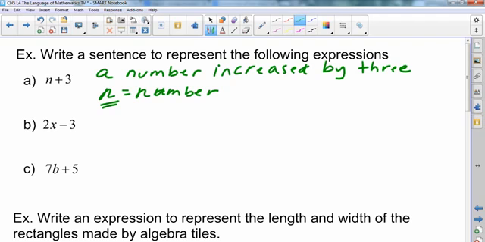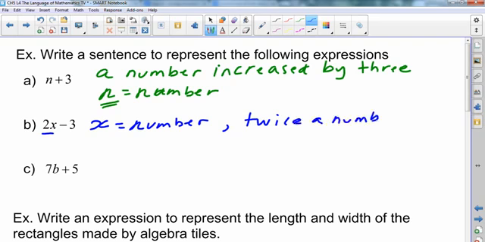Same thing for the second one, 2x minus 3. We're going to say x is standing in for a number. And so 2x, we could say 2 times or twice, so twice a number. And then for the minus 3 part, we're not going to say minus 3.